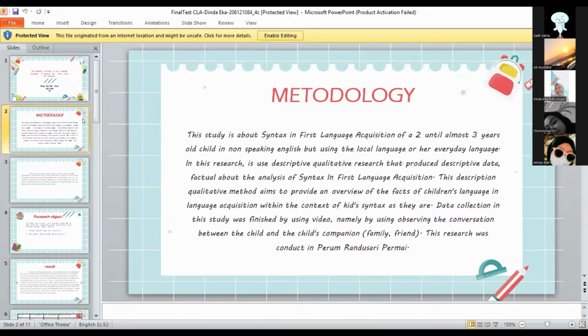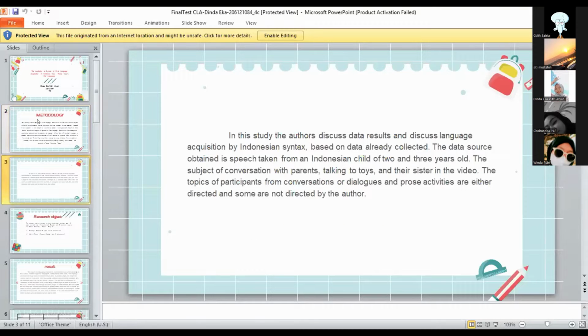Data collection in this study was done by using video, namely by observing the conversation between the child and the child's companion, family, friend. This research was conducted in Perum Randusari Permai. In this study, the author discussed the data results and discussed language acquisition of Indonesian syntax based on data already collected.